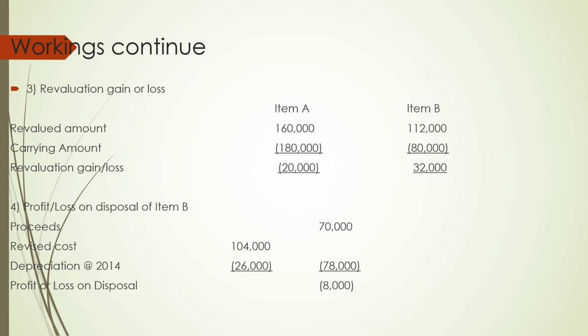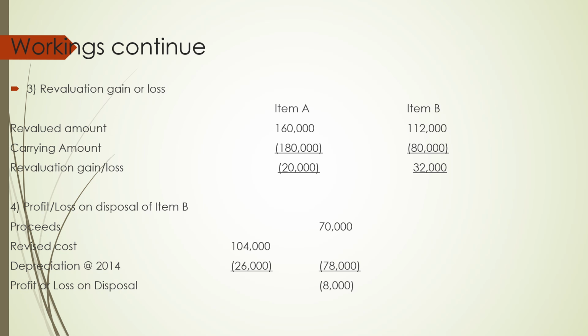For us to ascertain a revaluation gain or loss, we have to know what the carrying amount of the asset is at that point in time, and then compare that to the revalued amount given to us. Any difference that arises will result in either a gain or a loss.